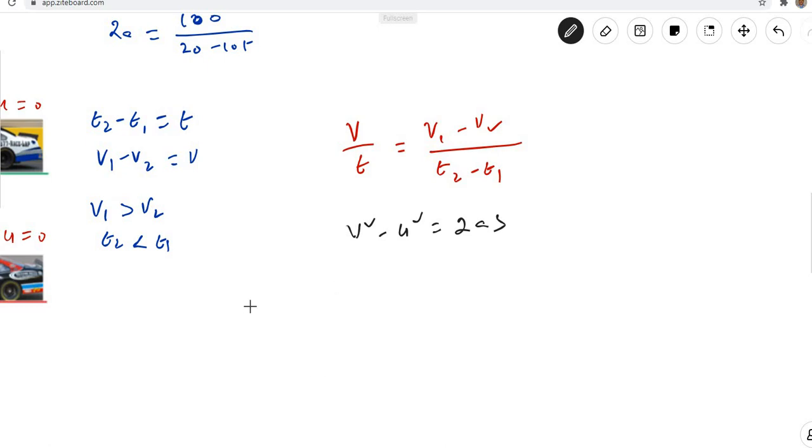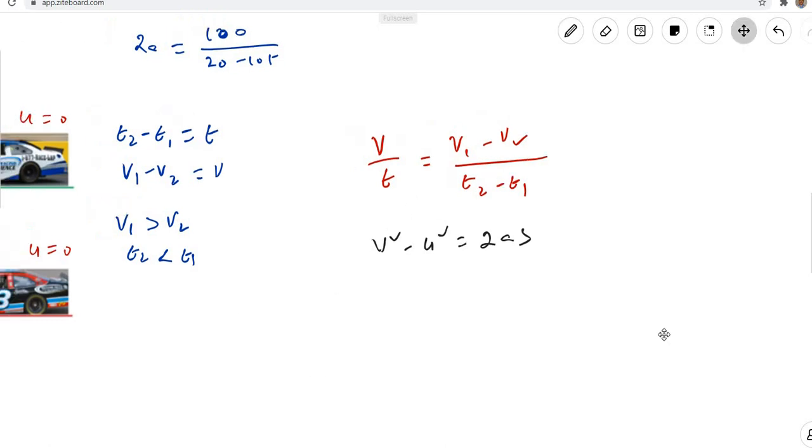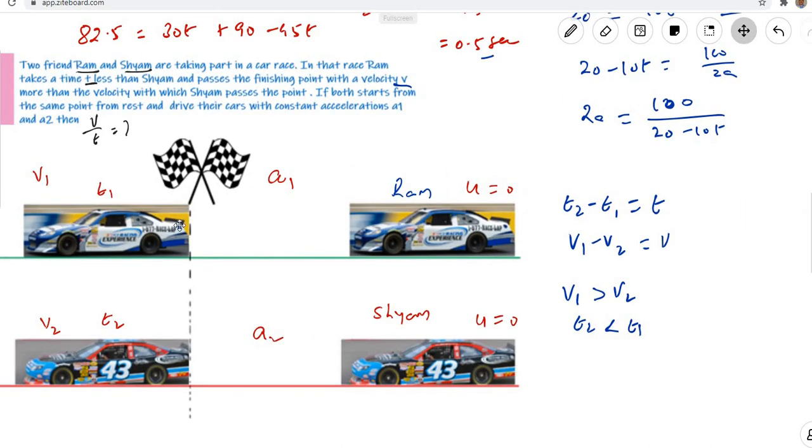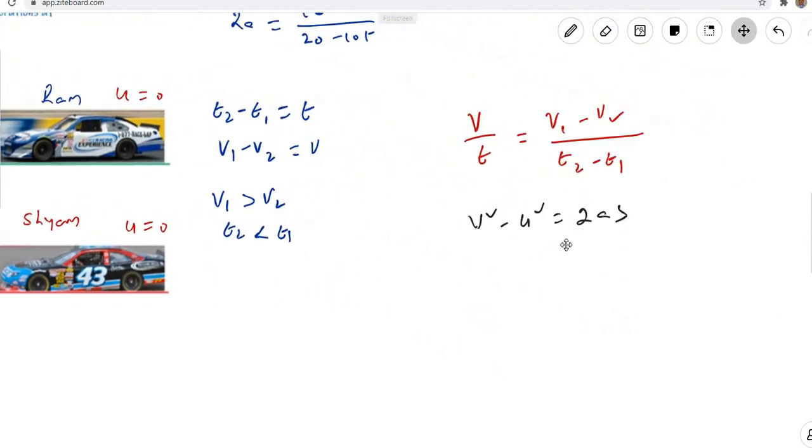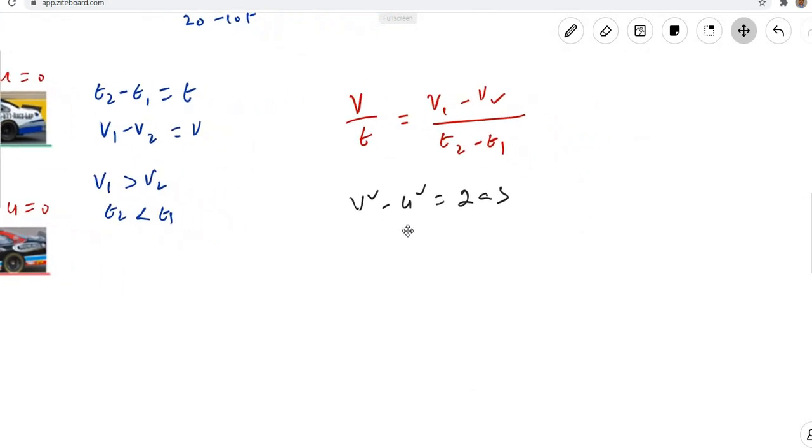And one more point, since both are reaching the finishing point, their distances covered will be the same. Whatever the distance covered by Ram, the same distance Sham also covers, because their starting point and finishing point are the same, this distance is s only. That should be an important point you keep in mind. So for this one, I'll apply the first equation.